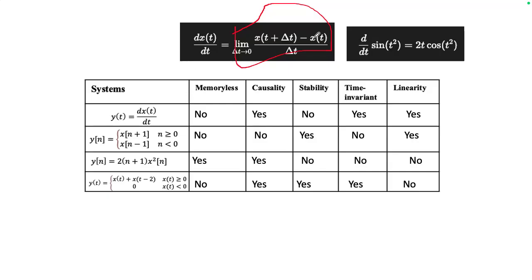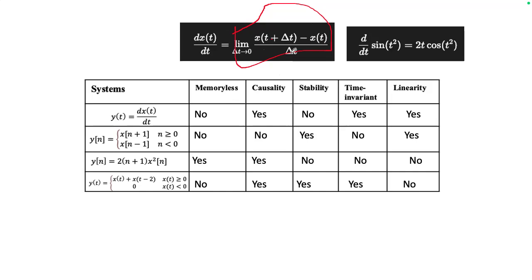And you can see, based on this one, you will find it's not memoryless, am I right? Yeah, because it involves a future thing. I think I need to put in minus delta t. It should involve the present and the past.